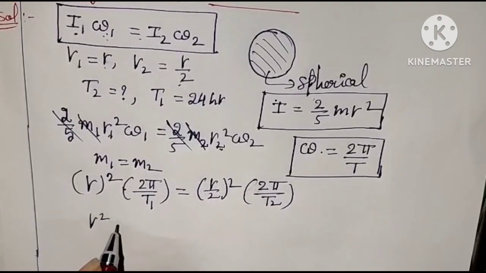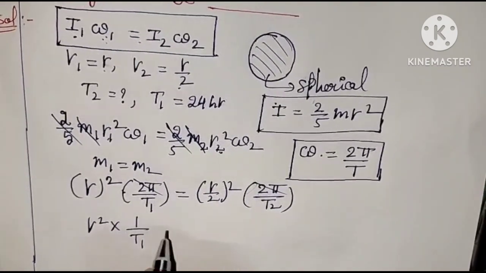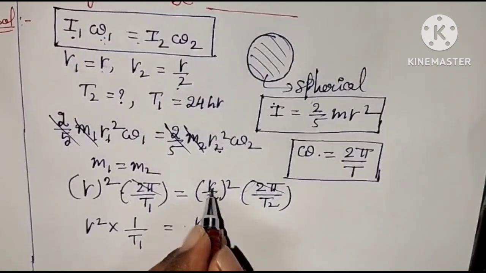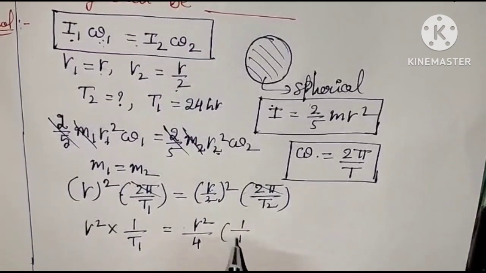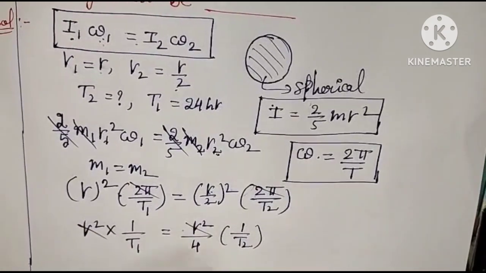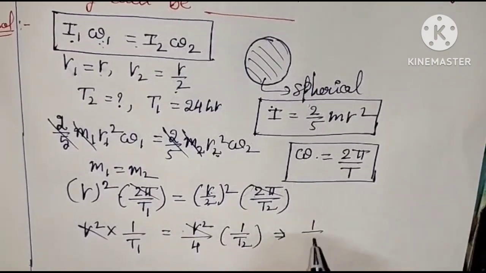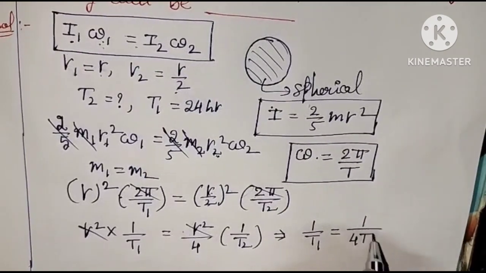r square into 2 pi cancel, so 1 by T1 is equal to r square by r by 2 whole square, which means r square by 2 square. 2 square value is 4, into 1 by T2. Now r square cancels. We get 1 by T1 is equal to 4 by T2.